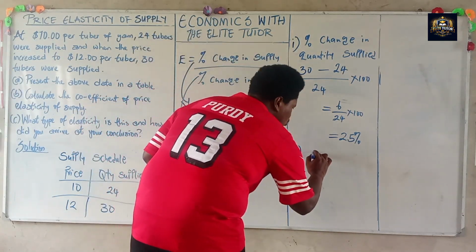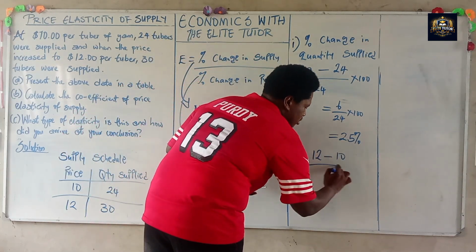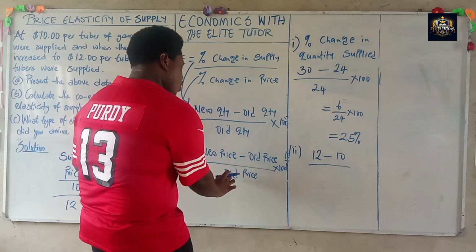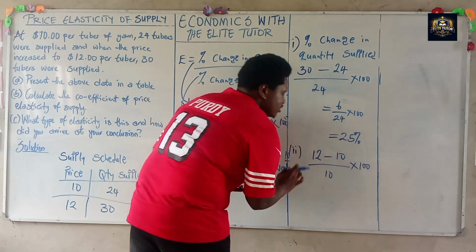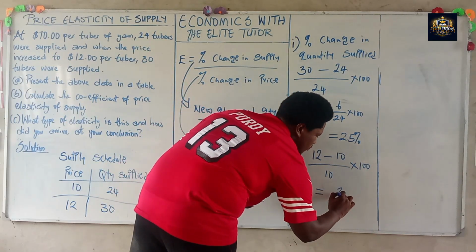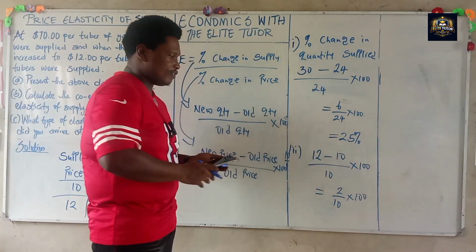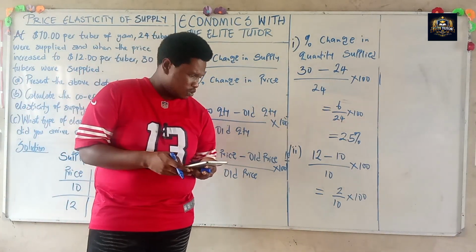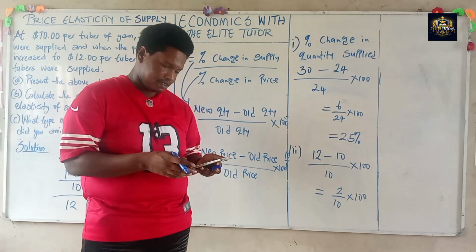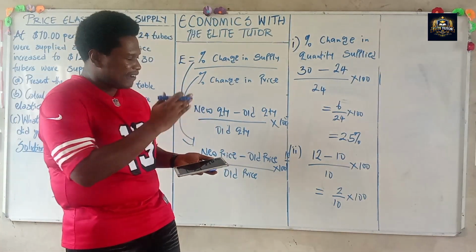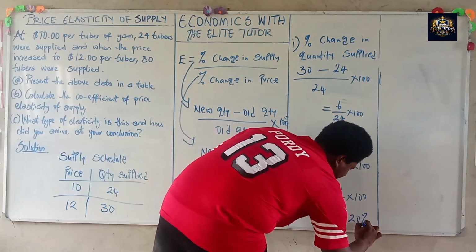Our new price, we have 12, minus our old price, 10, divided by our old price, 10, multiplied by 100. So 12 minus 10 gives us 2. So we have 2 over 10 multiplied by 100. So 2 divided by 10 times 100 gives us 20%.